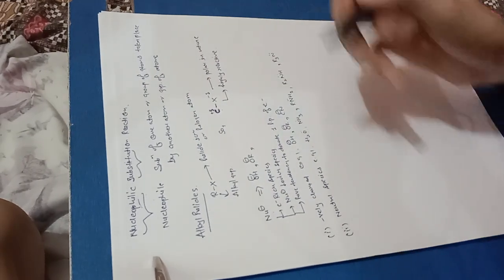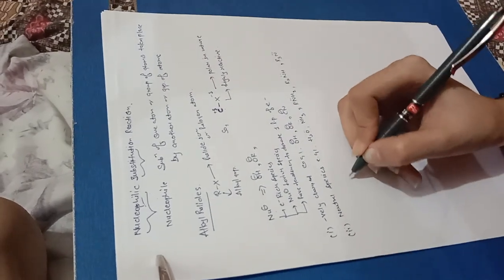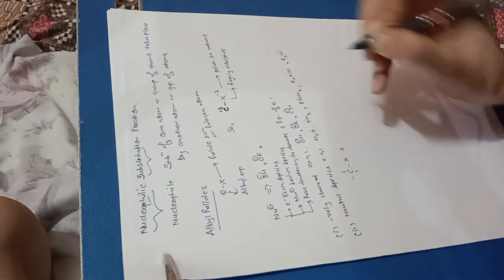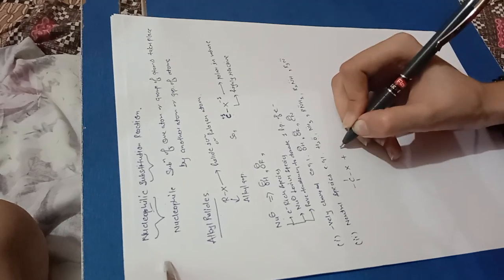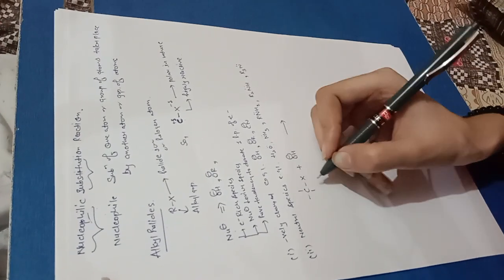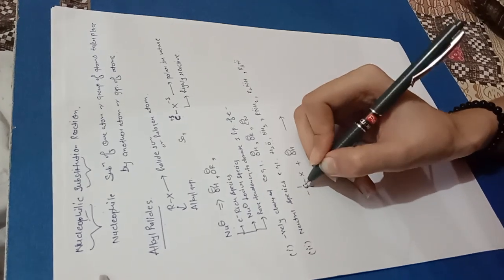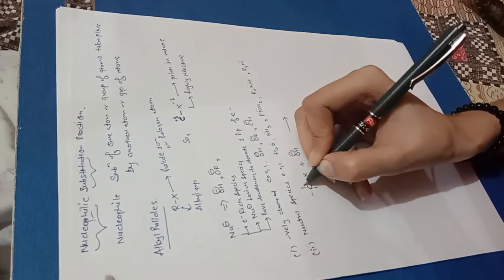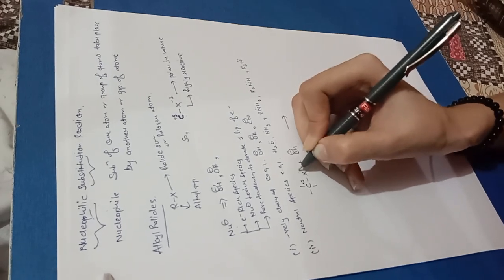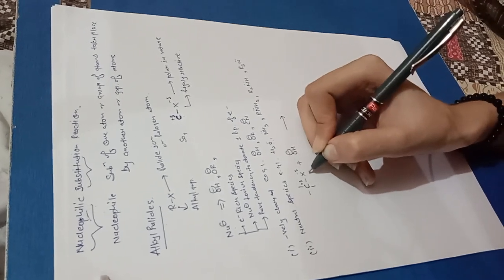Now, when an alkyl halide reacts with a nucleophile, let us take the example of hydroxide ion. In the alkyl halide, carbon has a partial positive charge and halogen has a partial negative charge due to its higher electronegativity.